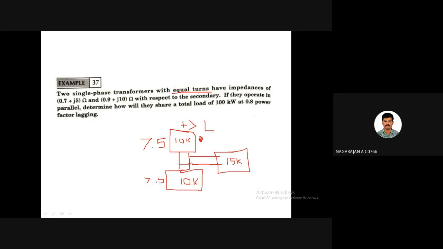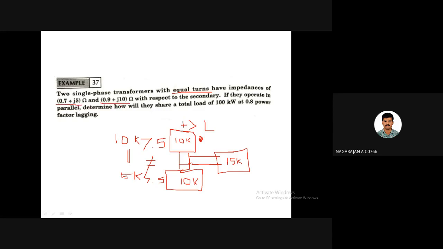It is not always necessary that they give equal. This transformer may be giving 10 kVA fully and this transformer may be giving 5 kVA. So this ratio differs with the impedance value.